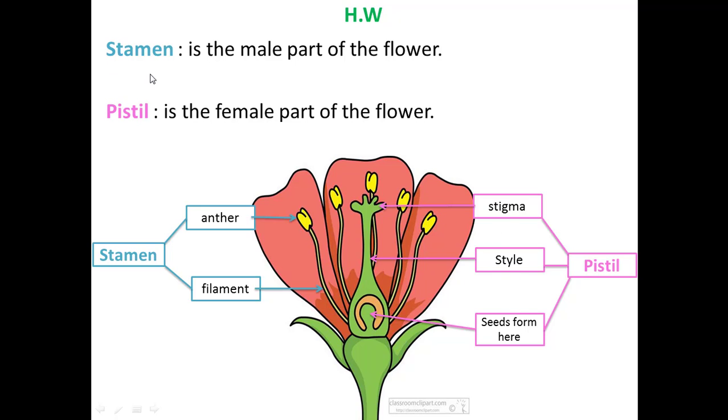So stamen is the male part of the flower.